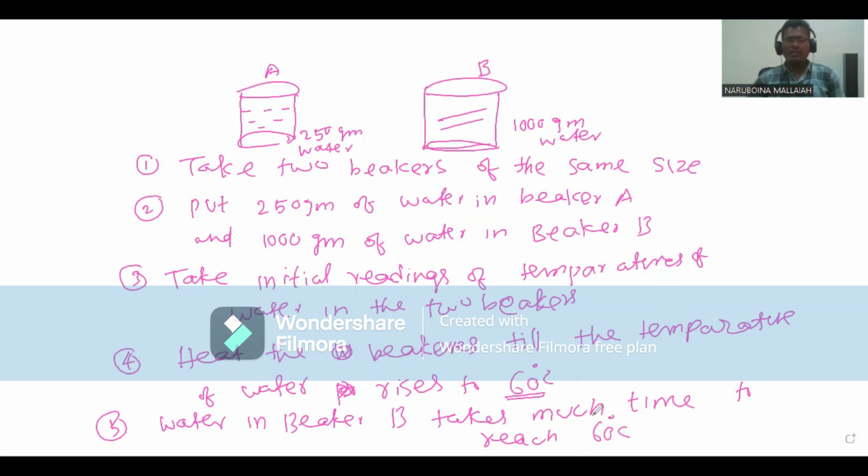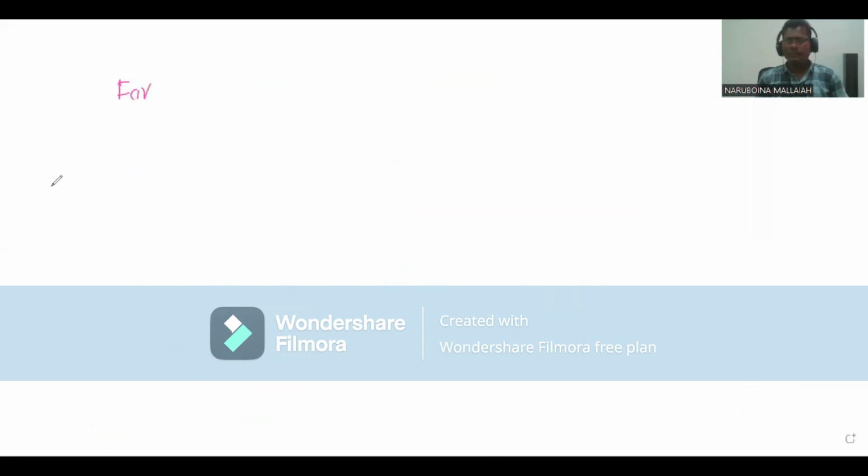Beaker A takes less time to reach 60 degrees centigrade, because a more quantity of substance needs more heat to reach a certain temperature. For the same change in temperature, the amount of heat absorbed by the substance is directly proportional to the mass of the substance. I am writing here.